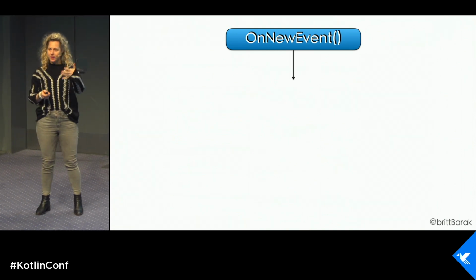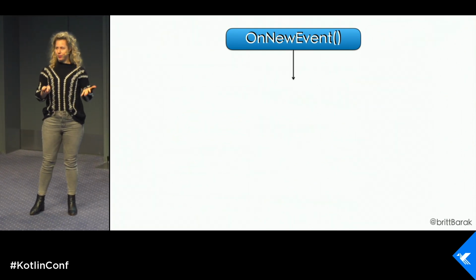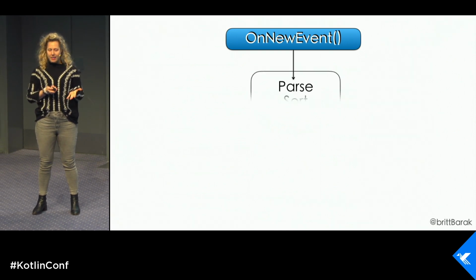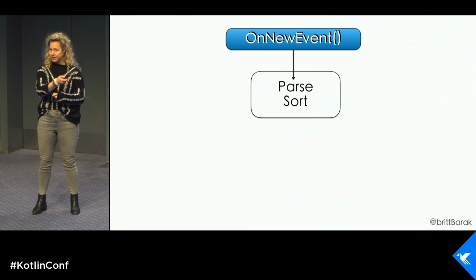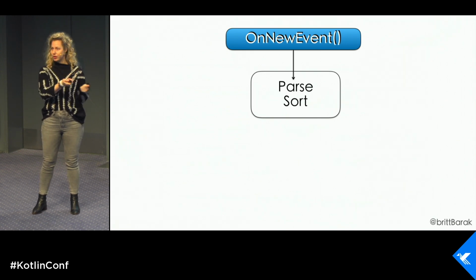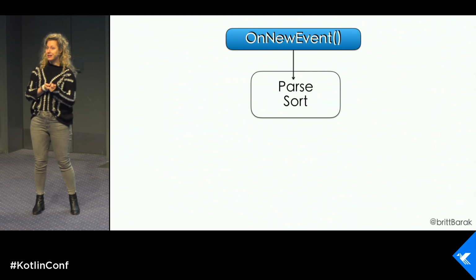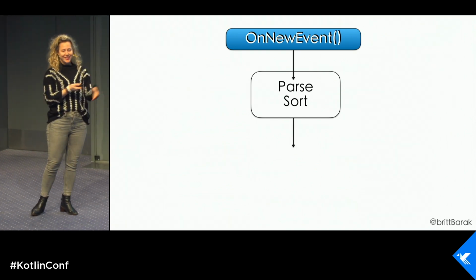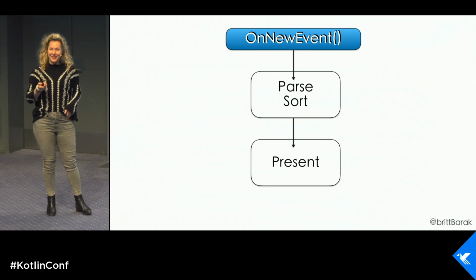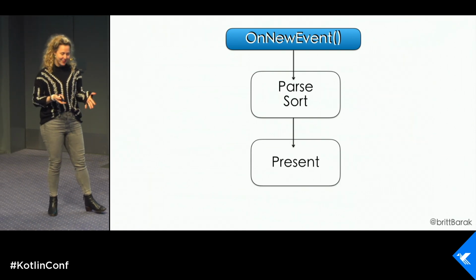Then we would need to parse it, right, to understand which type of event it is. And then we would need to sort it in order to know where to present it. We would need to understand where it should be in the list of the presentation. And then we will present it on the app itself.